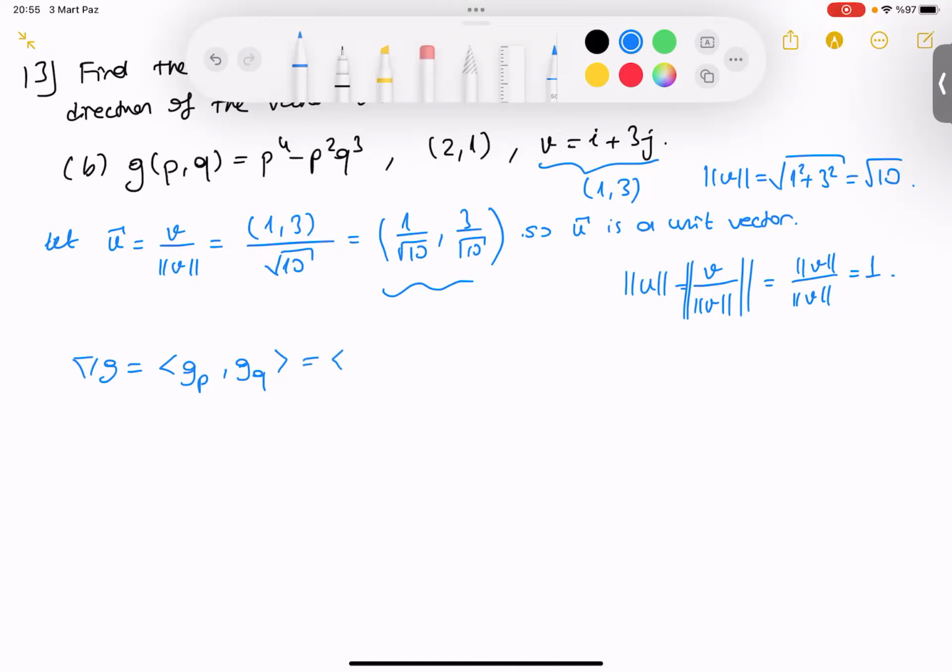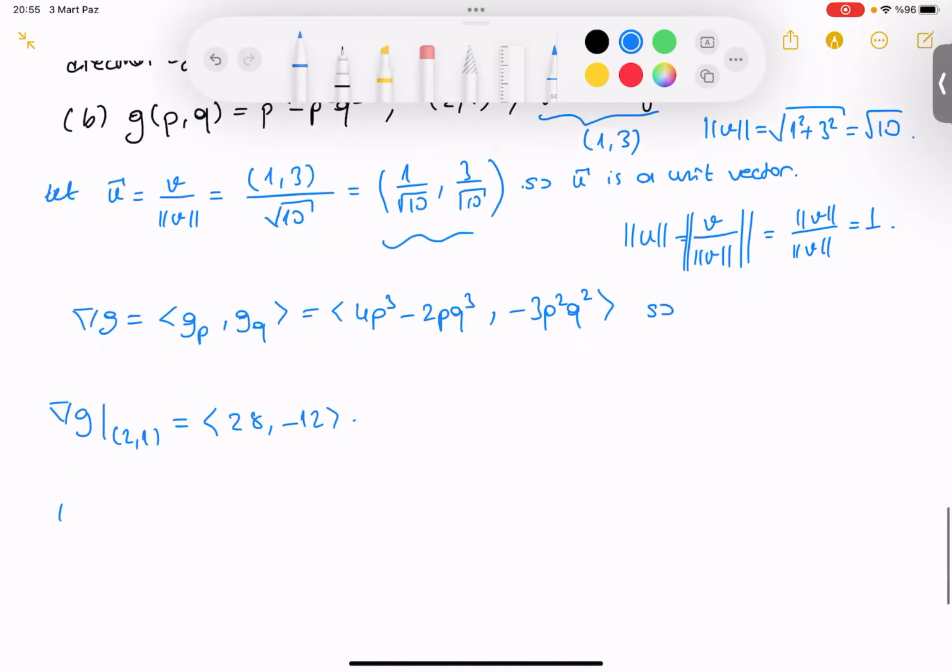You get, in the first component, you get this value times this, and in the second part, you get 3p squared q squared. So at the given point, you get what? 28, comma minus 12.